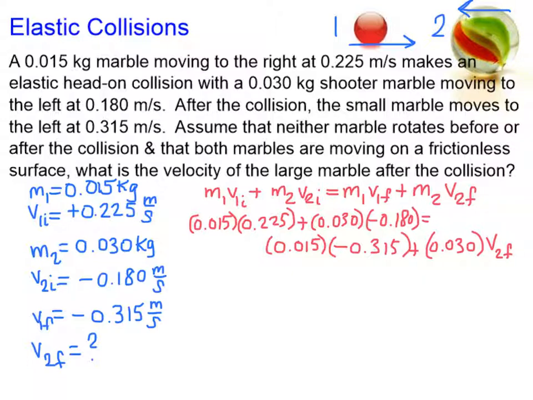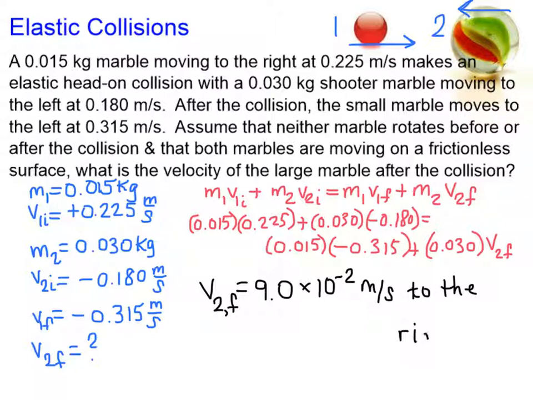And when I do that, I get 9.0 times 10 to the negative 2 meters per second. Since it's a positive number, the direction will be to the right, because that is the direction of a positive velocity.